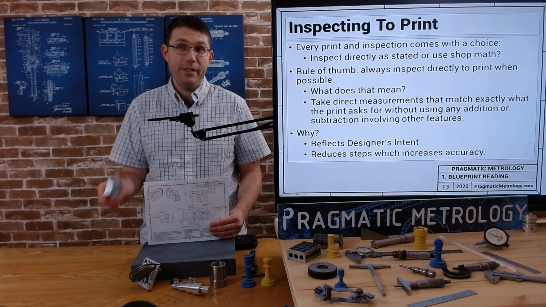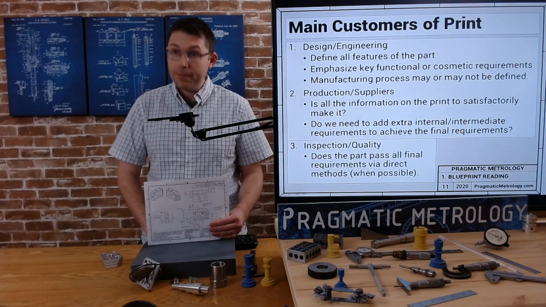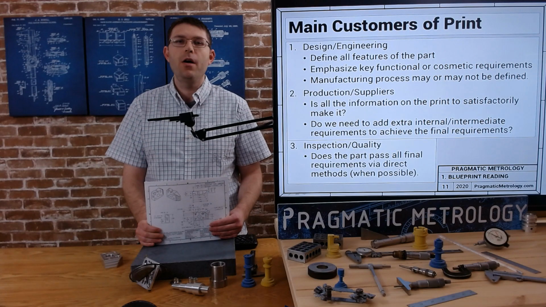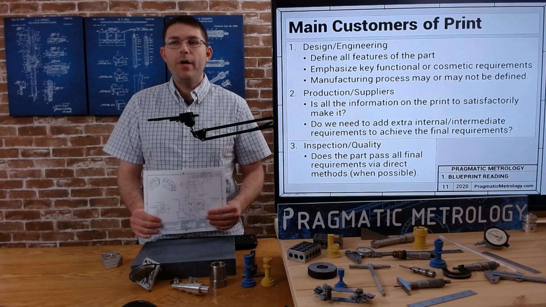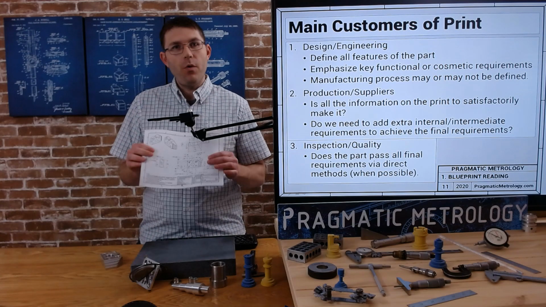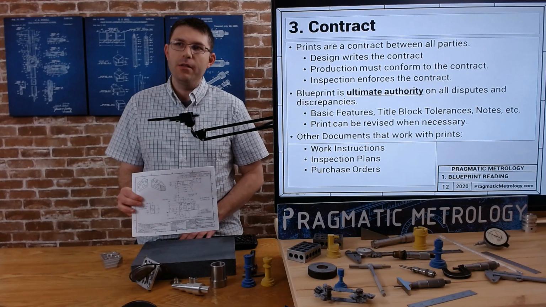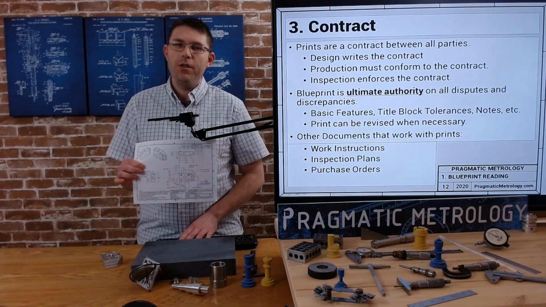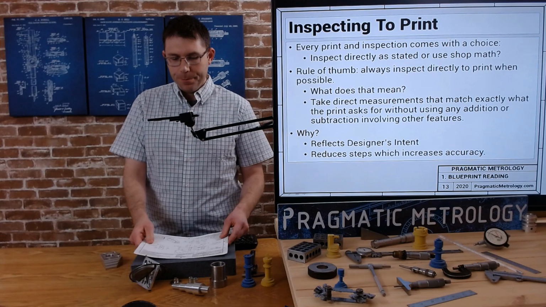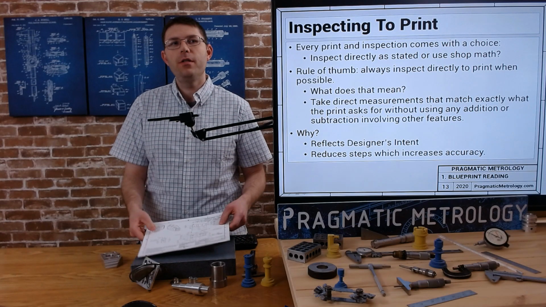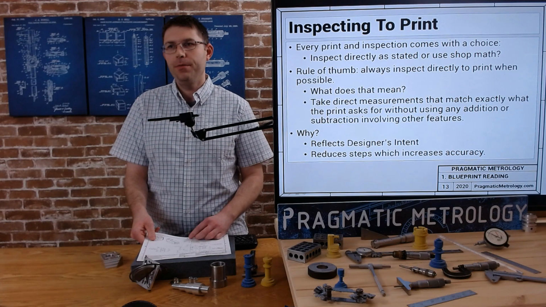It will only satisfy that very first requirement of defining all features of the part, but there's no extra little communication about what the part does. It only helps you make the part and define the tolerances, but when prints are done well, you'll get a little bit of insight into how the part functions, which will increase your odds of making the part correctly and passing the inspection.